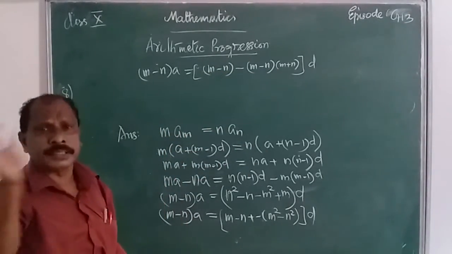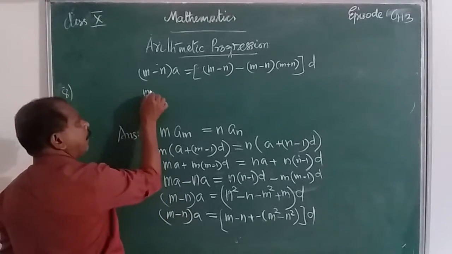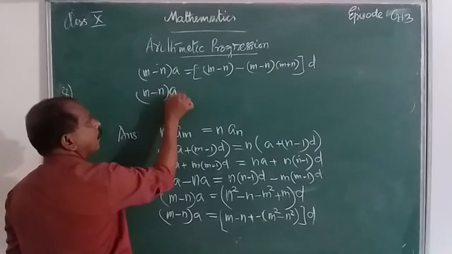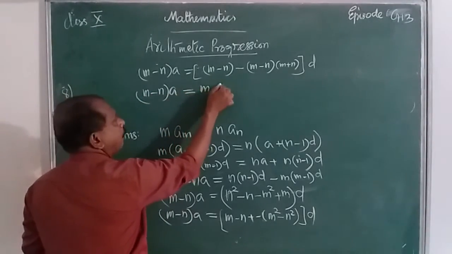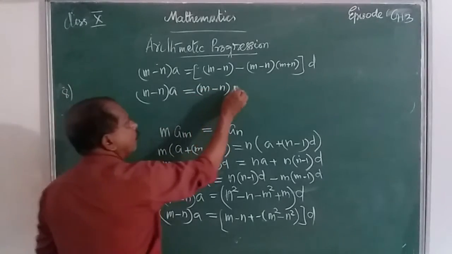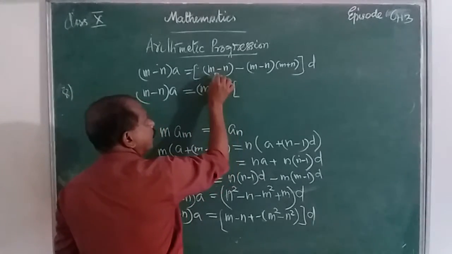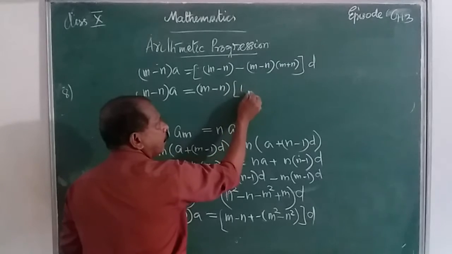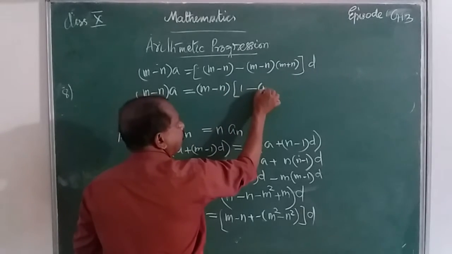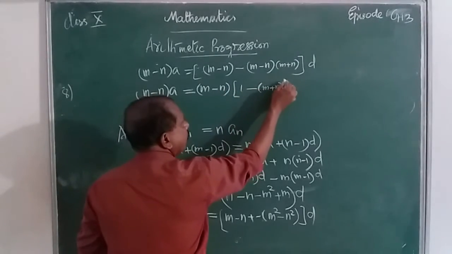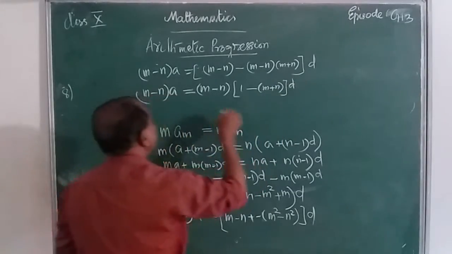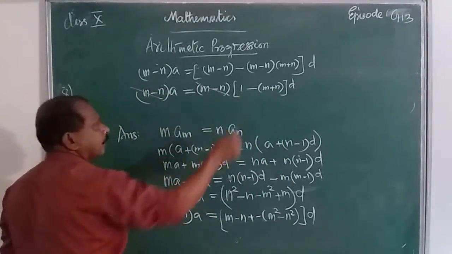Therefore take m minus n as common. That is m minus n into a is equal to m minus n into, this one is replaced by 1 minus, this one is replaced by m plus n, into d. M minus n and m minus n cancel.